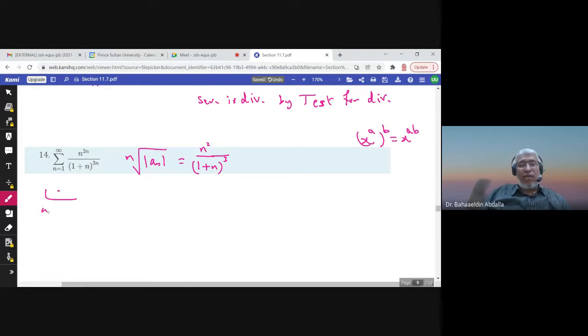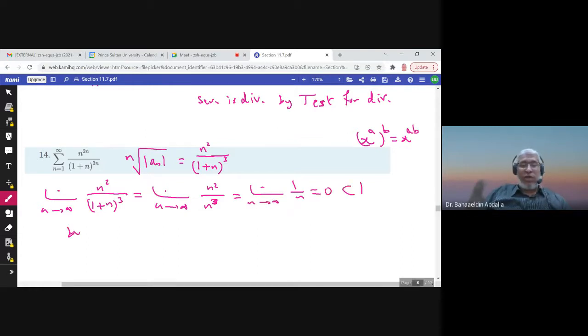And now if I take the limit when n goes to infinity of n squared over 1 plus n to the power 3, the highest power in the numerator and the highest power in the denominator, the term with the highest power, so it would be 1 over n, and the limit is 0, which is less than 1.